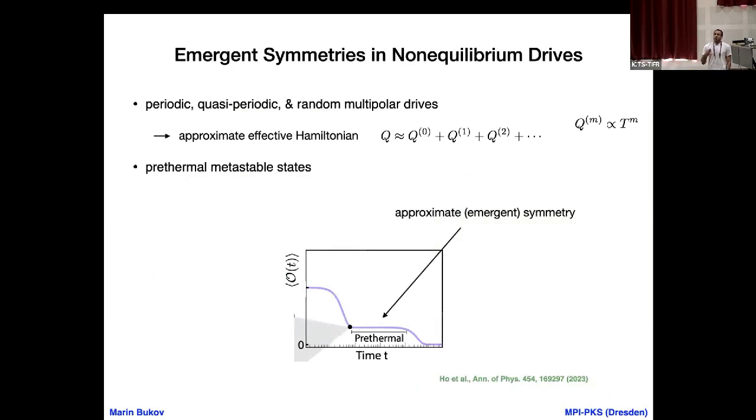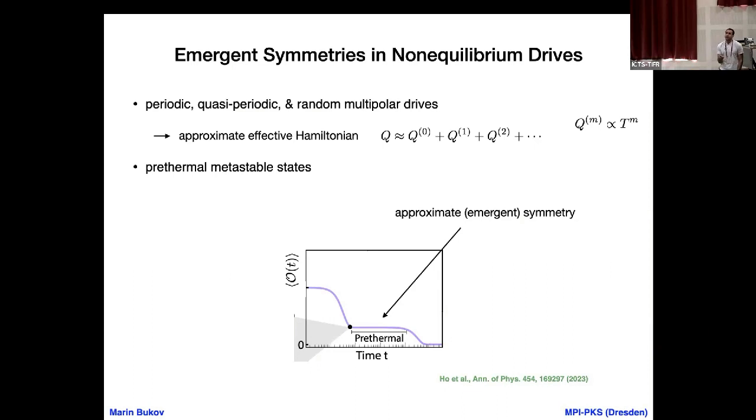What these systems have in common is that if you take this period to be small, or in other words, you consider the high frequency regime, then the dynamics of local observables as a function of time would pass through a long-lived pre-thermal plateau. During this plateau, the dynamics is essentially governed by an effective Hamiltonian, which you can compute up to your desired order and truncate.